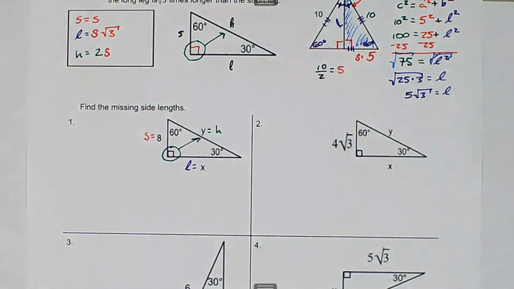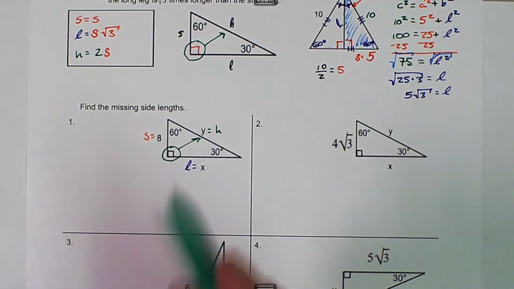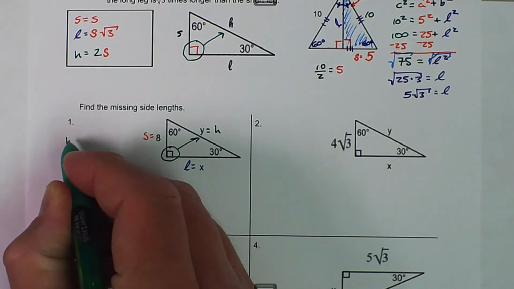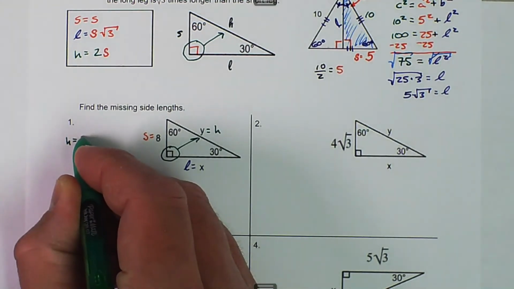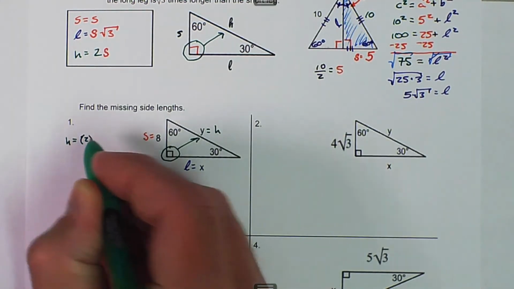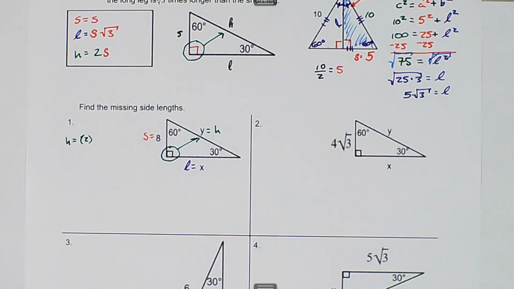So we can solve a few of these things. The hypotenuse is pretty straightforward in this case. So hypotenuse is equal to 2 times the short side.